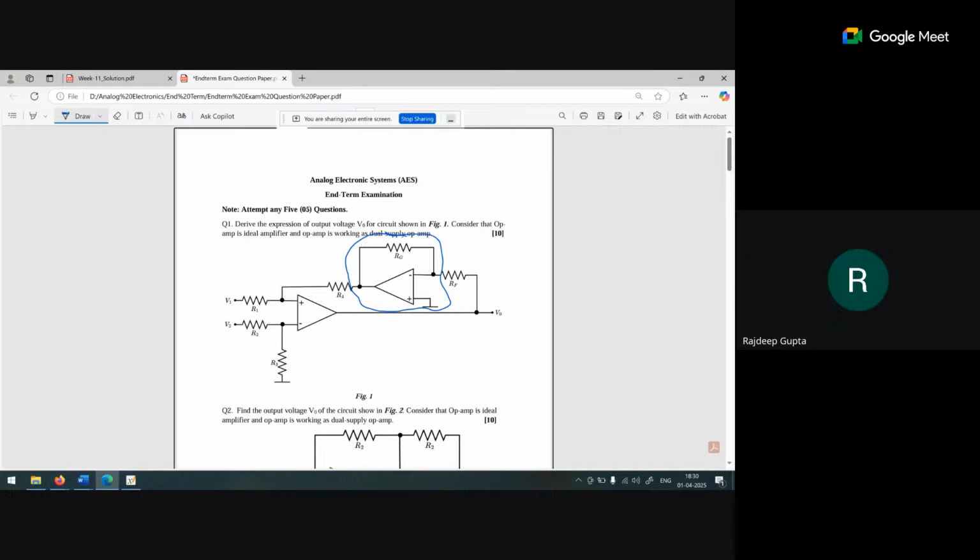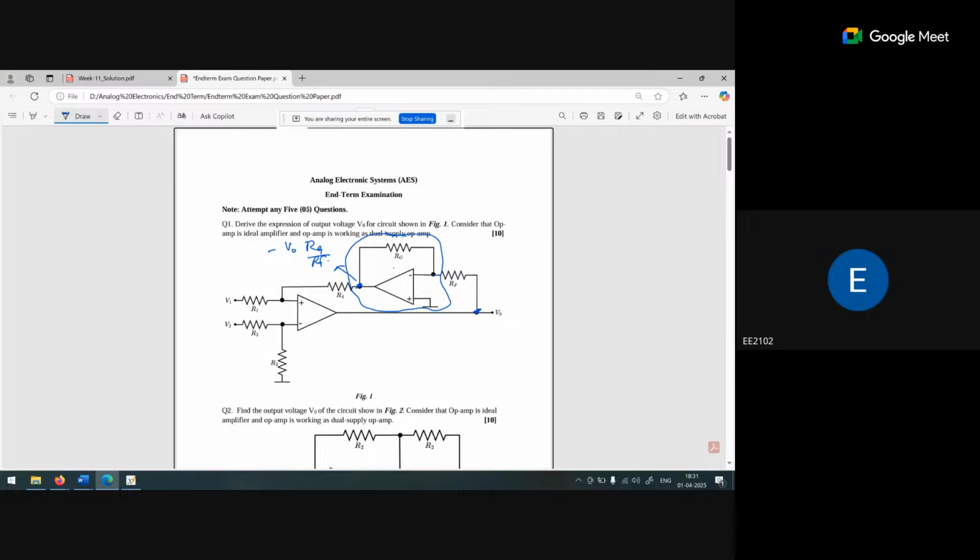What is the relation between the voltages at this point and this point? If this is the input voltage for this one, what we are getting at this point is minus V naught upon RL, Rg by Rf. Okay, can you apply the KCL for this complete term?